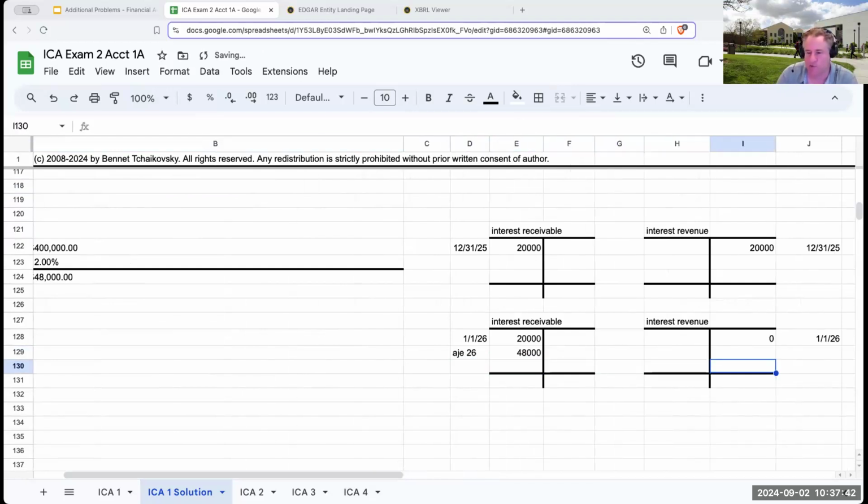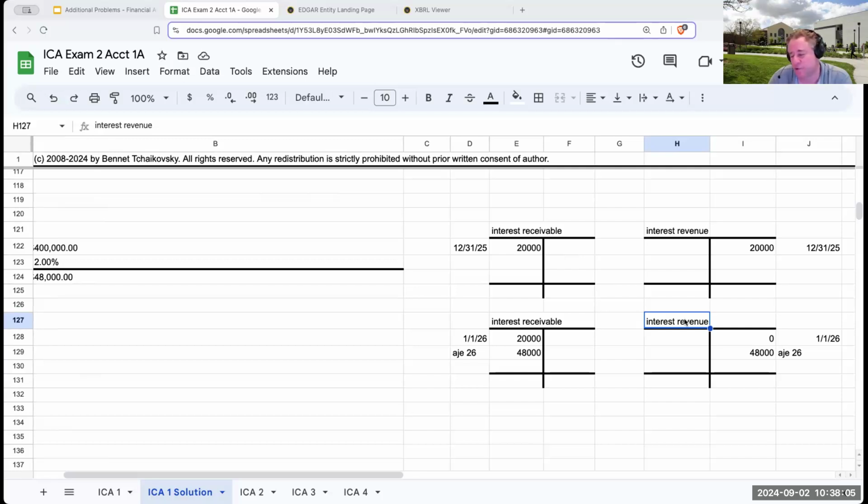I debit interest receivable and I credit interest revenue. This is my adjusting journal entry. Why am I doing this? Well, another year has passed, and so more interest has been earned. To show the earning of interest, we're going to call this a revenue.